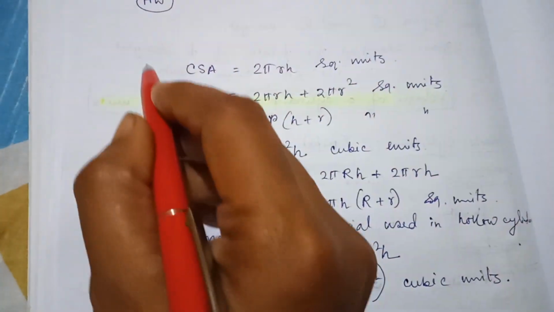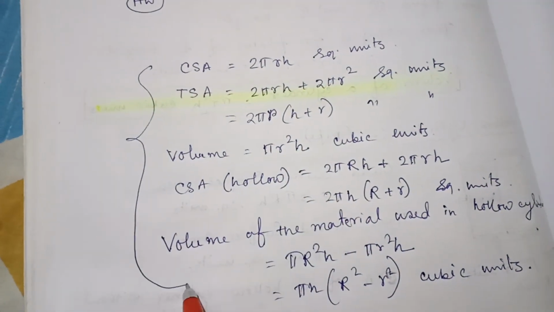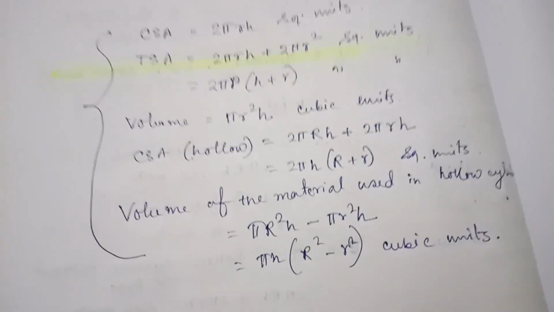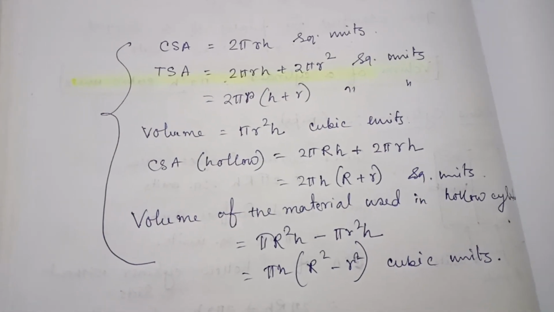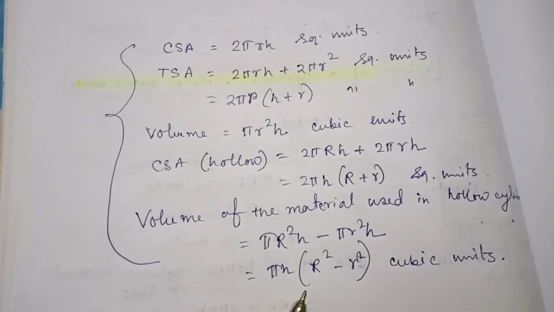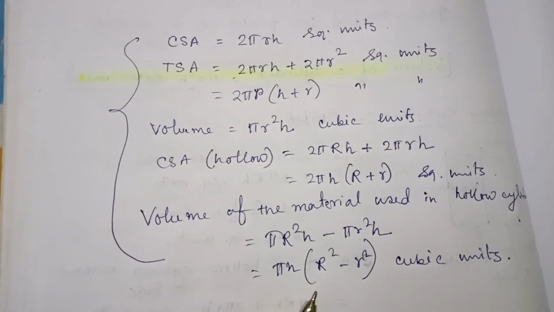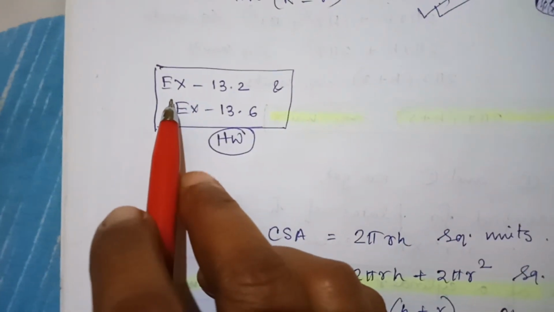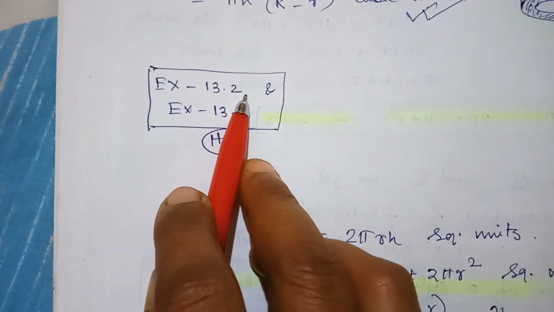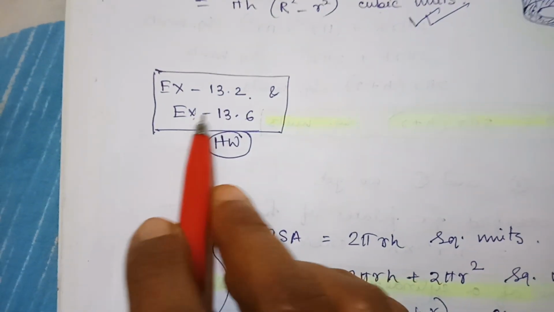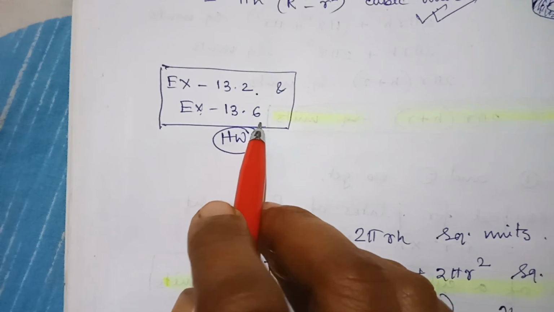So these are the formulas for today's session. Related to these formulas, there are two exercises in your book. Those are exercise 13.2 and exercise 13.6.